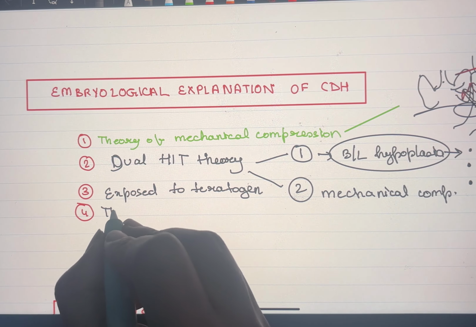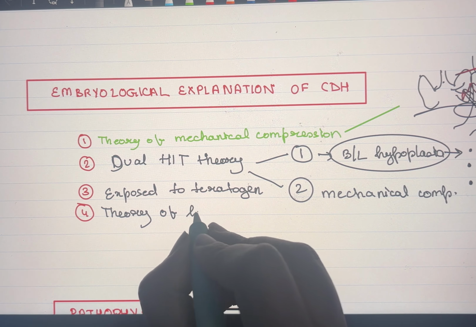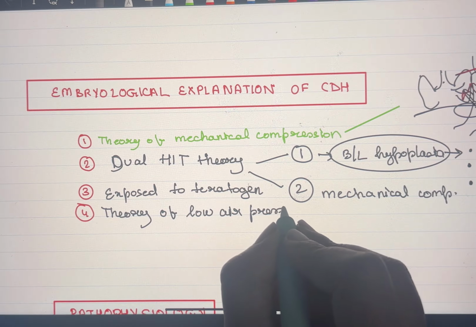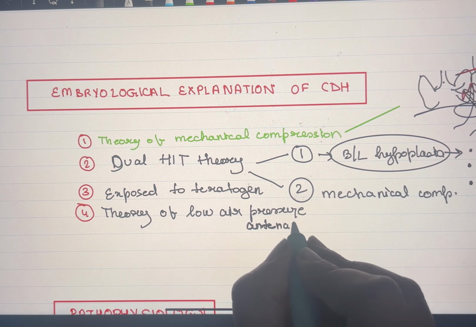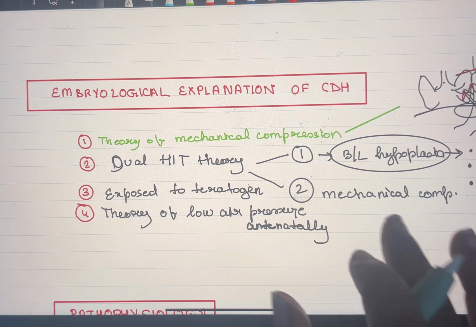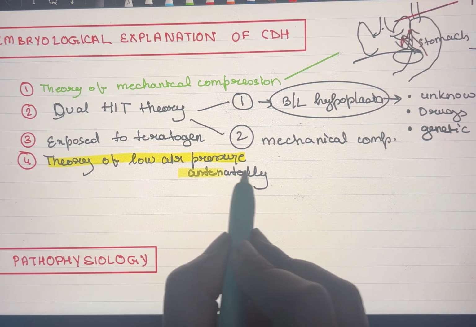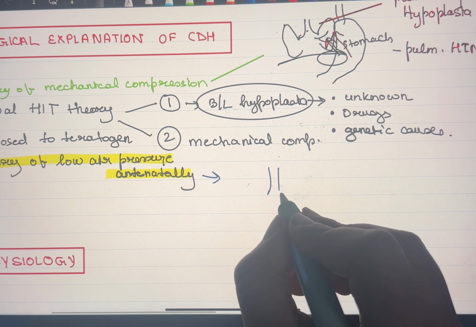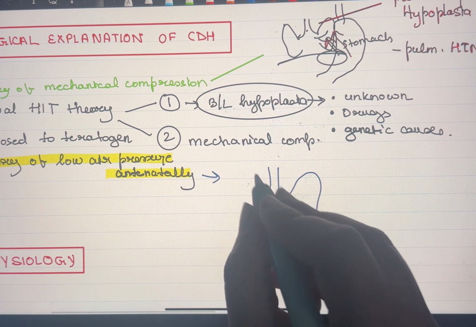Then number third, the patient might be exposed to teratogen, and there is a theory of low air pressure antenatally. You have to understand this theory. We have the trachea, then it divides and we have the lung.